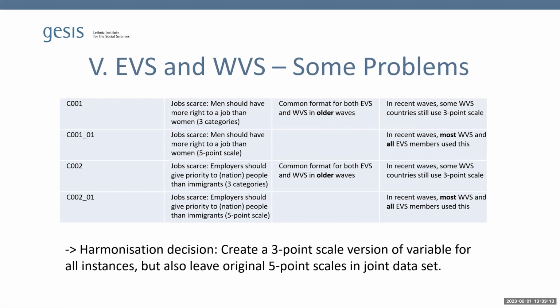So the resolution is that in that case, we offer both versions, a recoded 3-point scale for the cases where no 3-point scale was originally used to create consistency across time and across countries. Surface consistency, we need to say, and the 5-point scale version where it was collected. So users, again, can make their own decisions and comparisons for this.